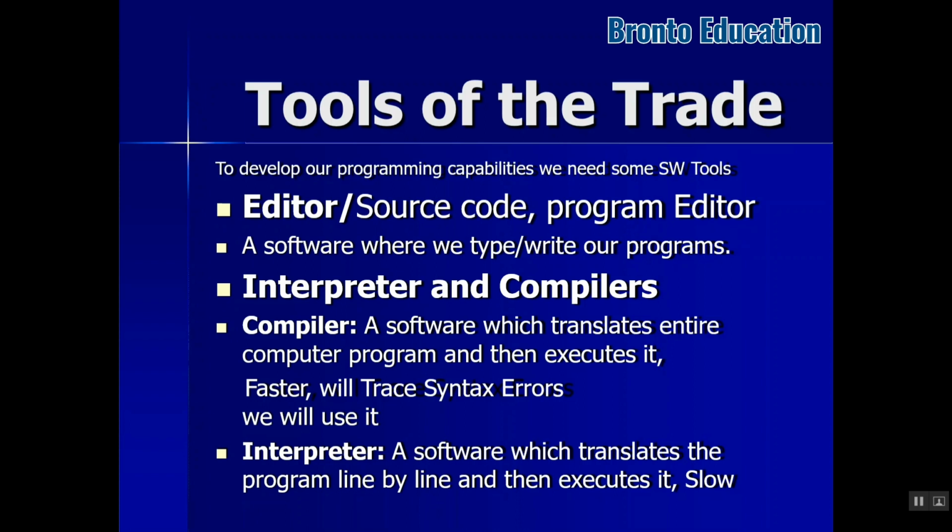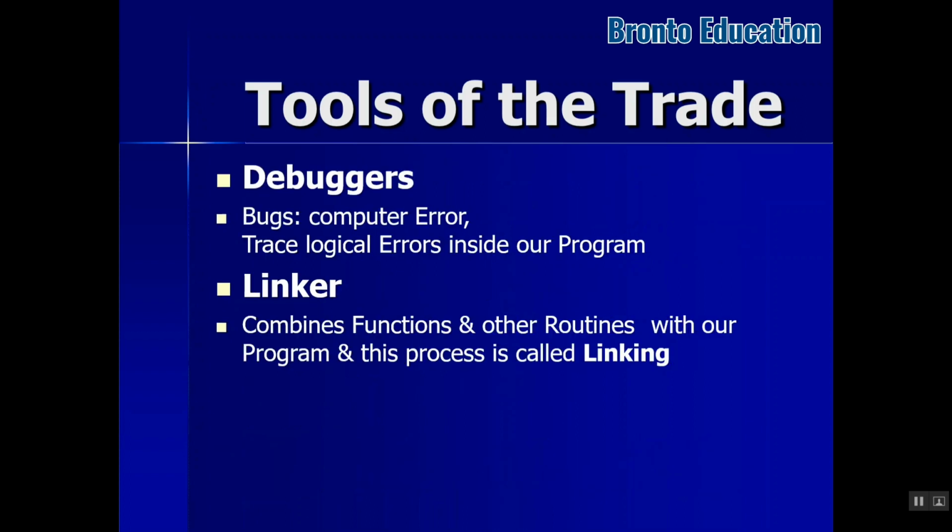That's compiler or interpreter. We have two kinds, but we are going to use a compiler here. A compiler is software which translates the entire program and then executes it. It's fast. But an interpreter is software which translates the program line by line and then executes it, which is slow. Then we have the debugger.